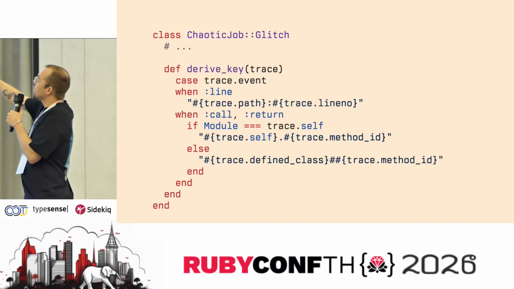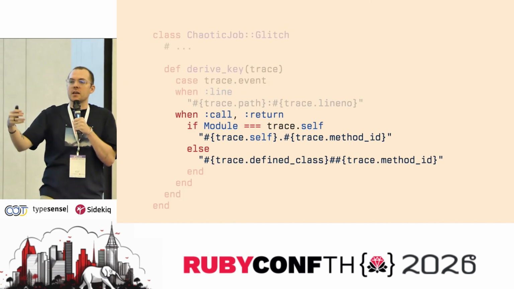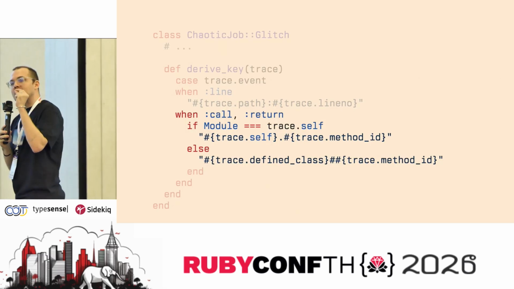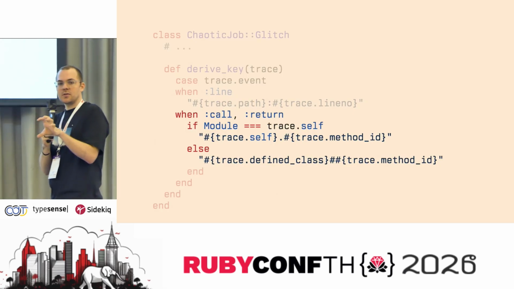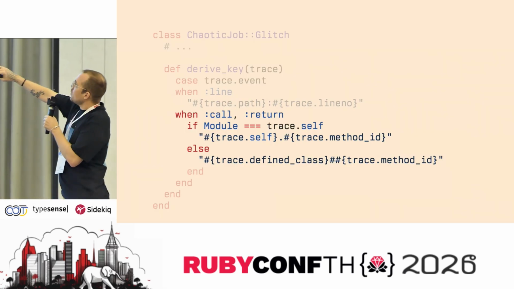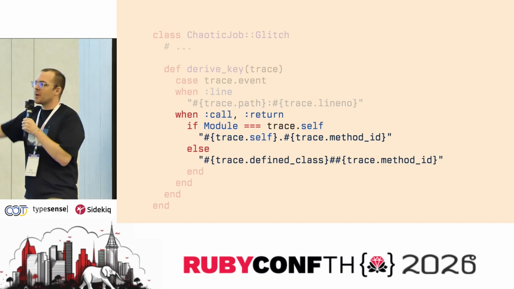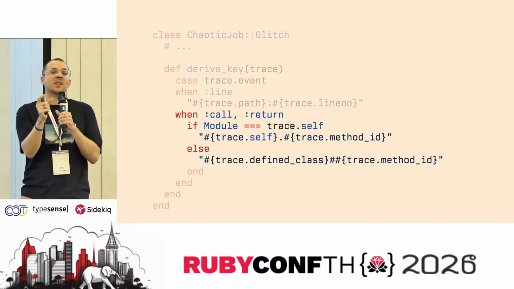Let's look at this method to derive a key. This is a bit of convenience to make it easier for us in our test to describe the particular execution event that we want to have glitch. And so when we have a call or return event, we can use this string format where we just take the calling object, the object that's being called.